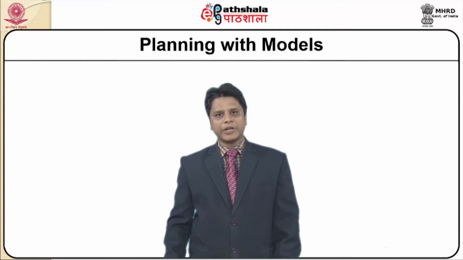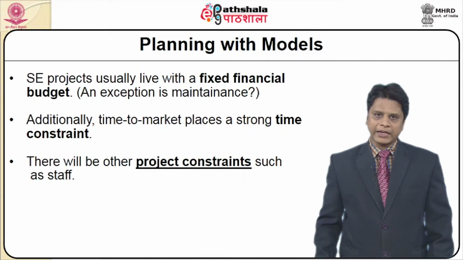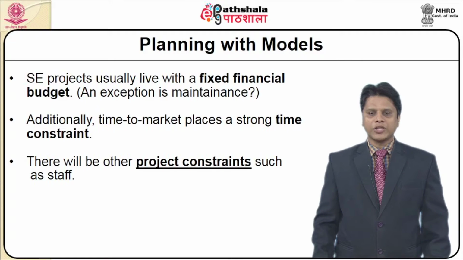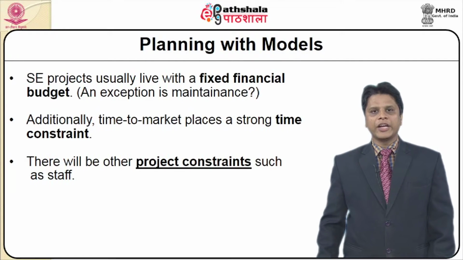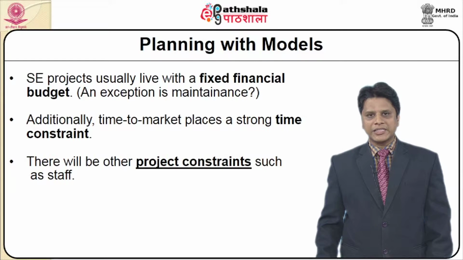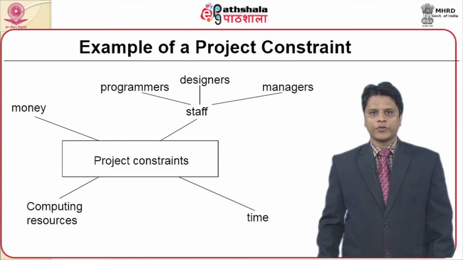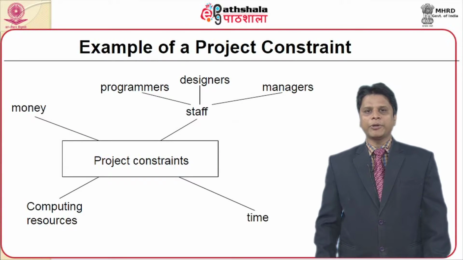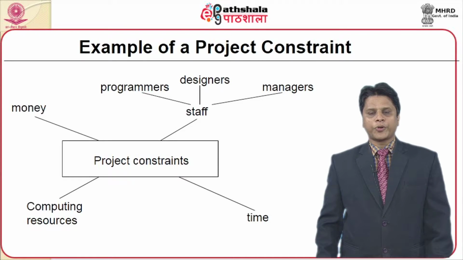So, there are limitations towards time constraints also, which will be addressed when we plot it as an architecture. There will be other project constraints such as staff also. So, the manpower involved and the effort estimated will also be a constraint when we work on the models of software.